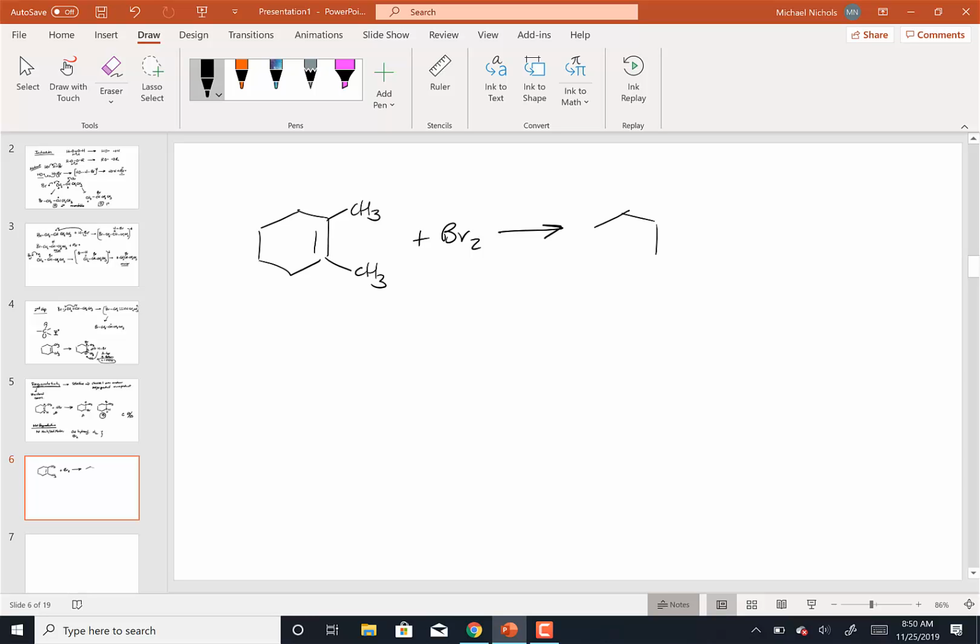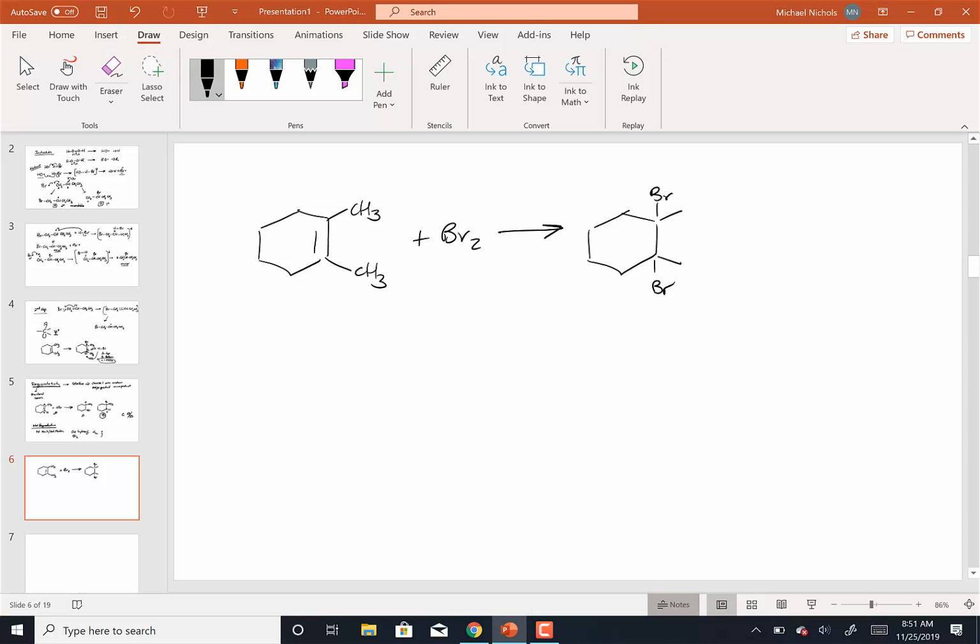Two Brs. Is there another possible product? Notice I'm not taking into account the stereochemistry because I will do that, but that's going to become stereoselective. If I add the same groups to a double bond, I only form one product.